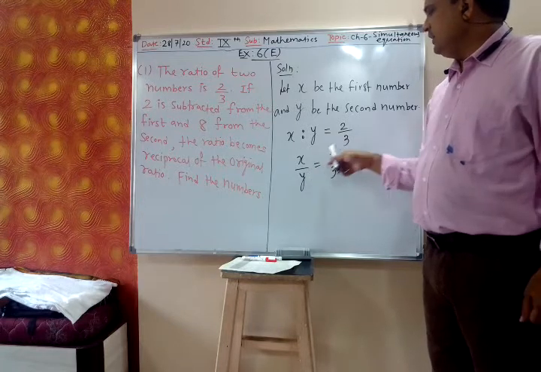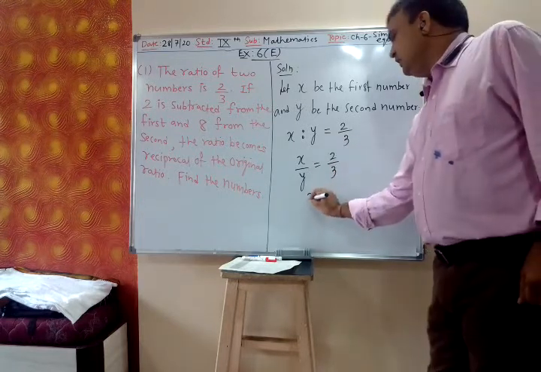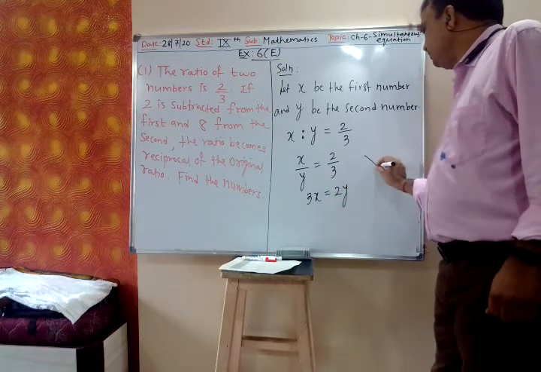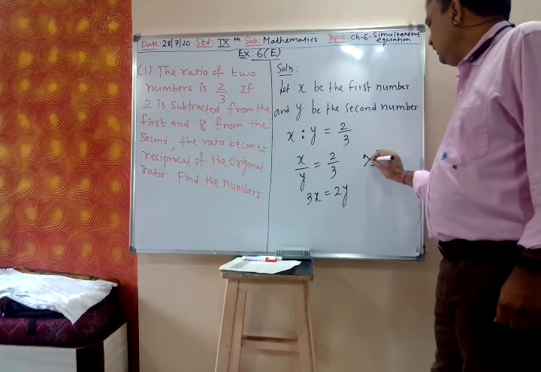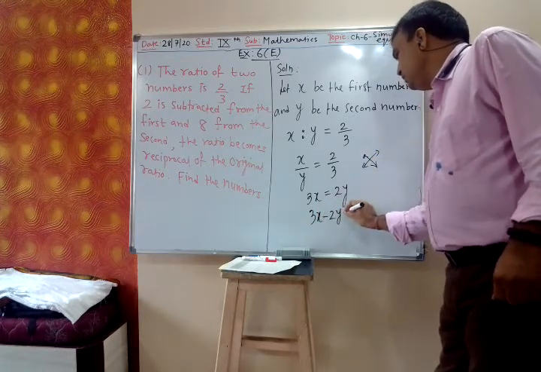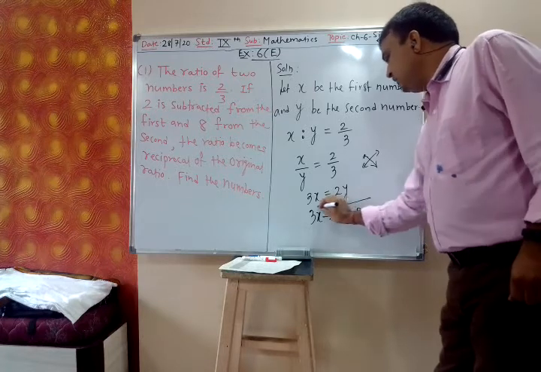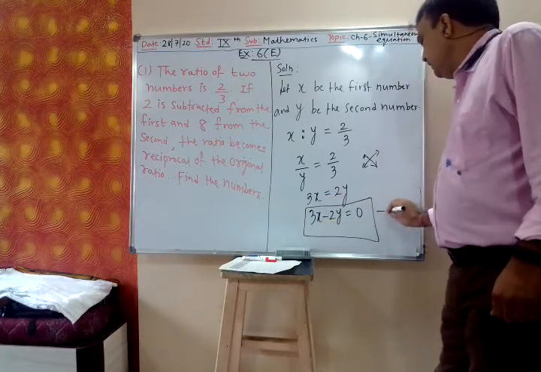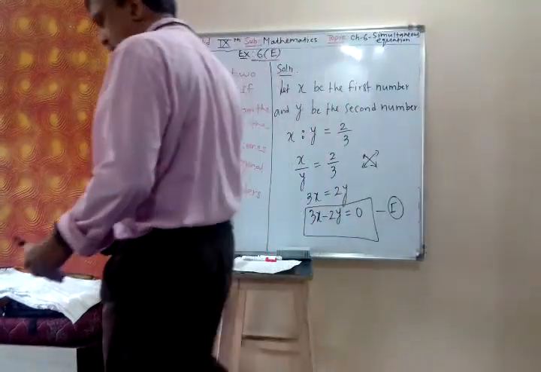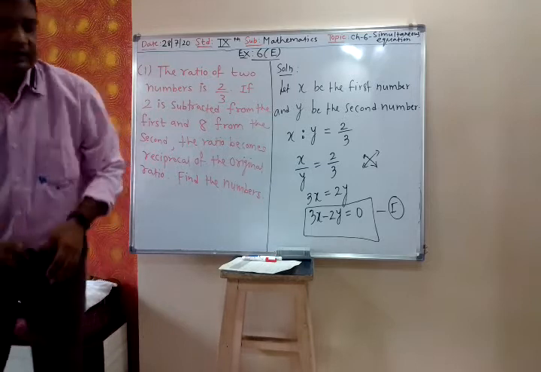Now we cross multiply and simplify. So 3x is equal to 2 into y. Cross multiply. So 3x minus 2y is equal to 0 is my first equation.